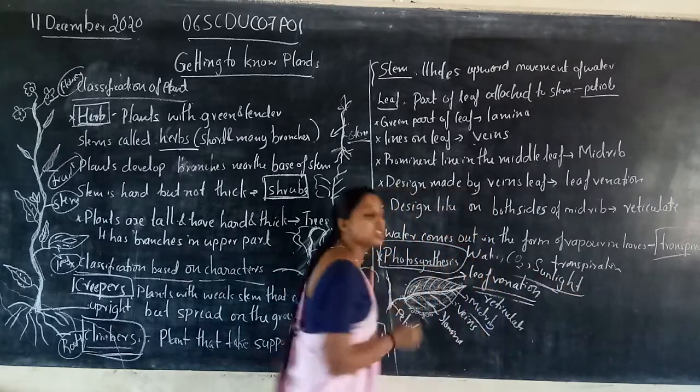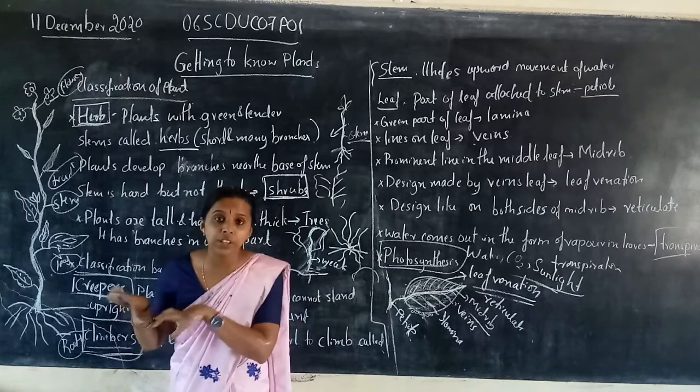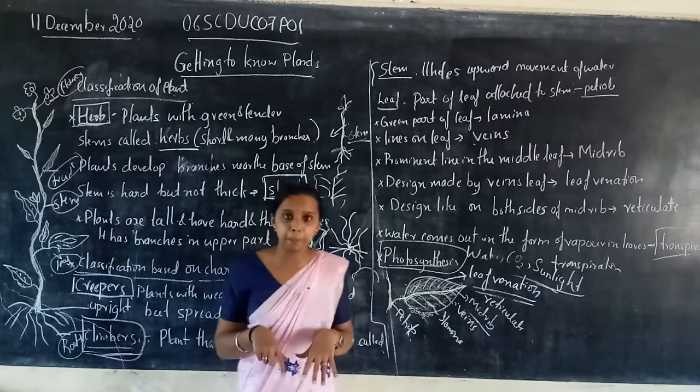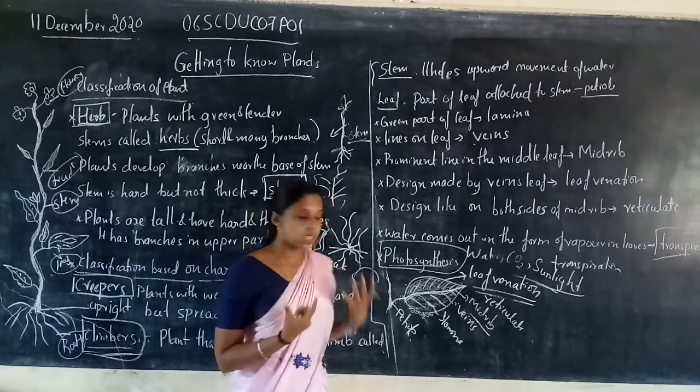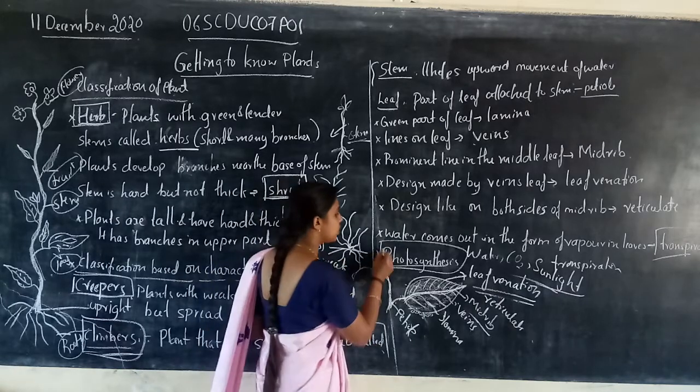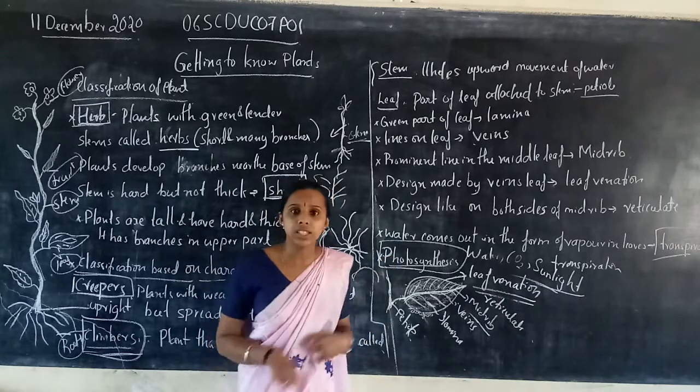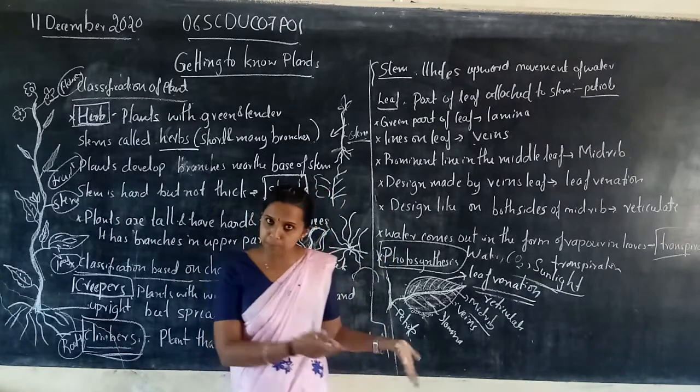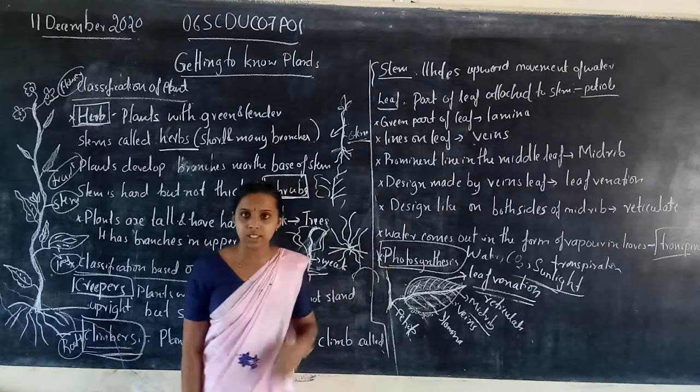Such a process we call photosynthesis. So plants are autotrophs, because they make food through the photosynthesis process.